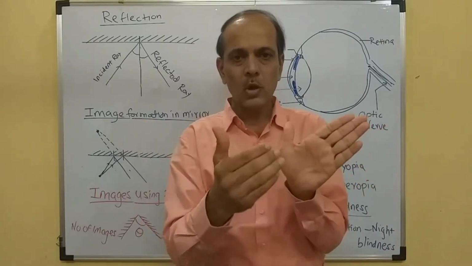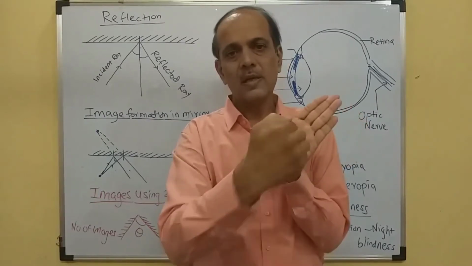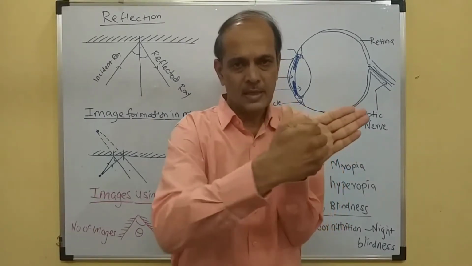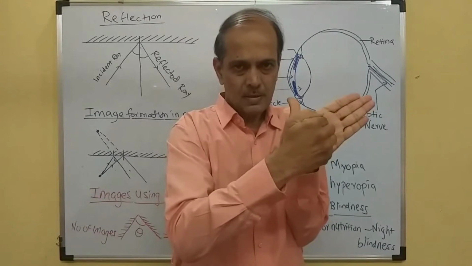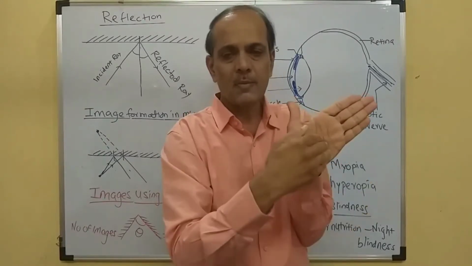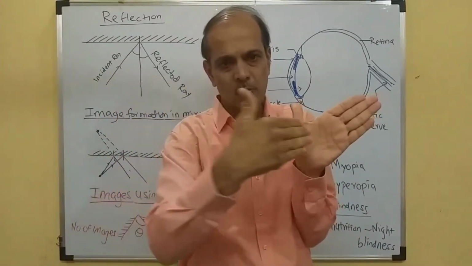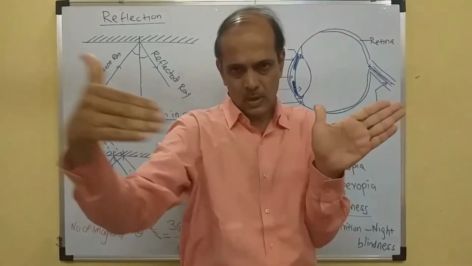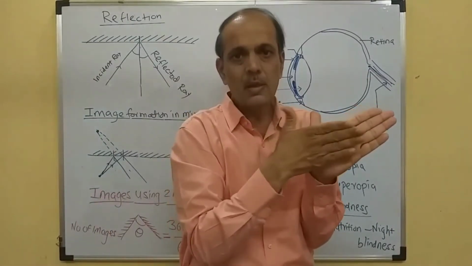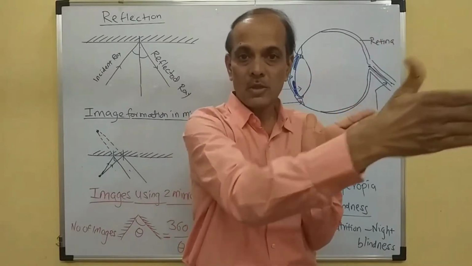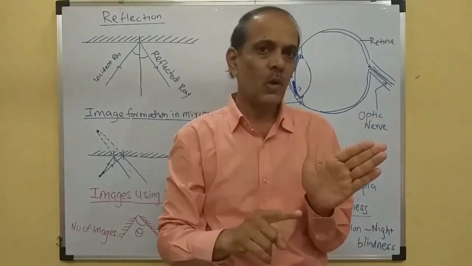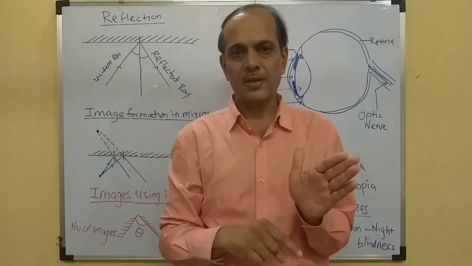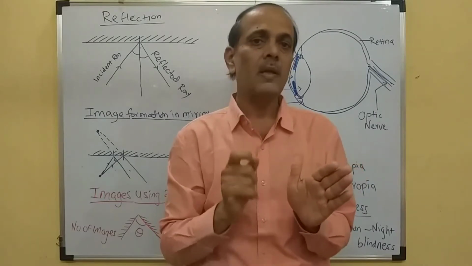You know, when you throw a ball straight, it jumps off straight. So there is a direct ball hitting the wall, bouncing in the same way. But if you throw a ball in this way, it will go in this direction. So this is the throw, this is the reflection or bouncing. The same thing works even for reflection, particularly regular reflection.